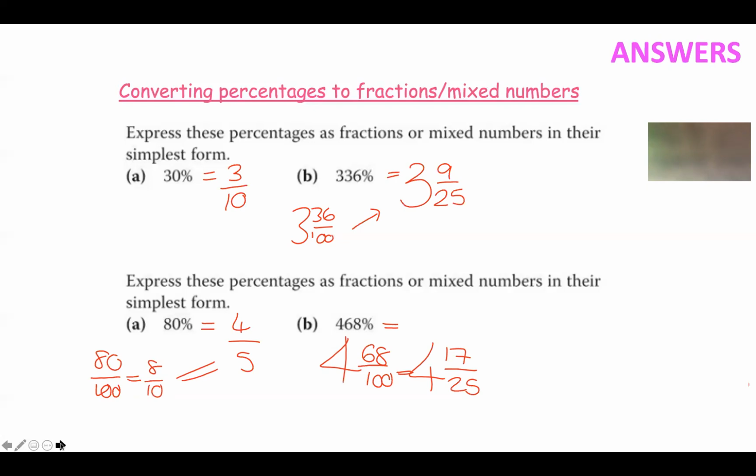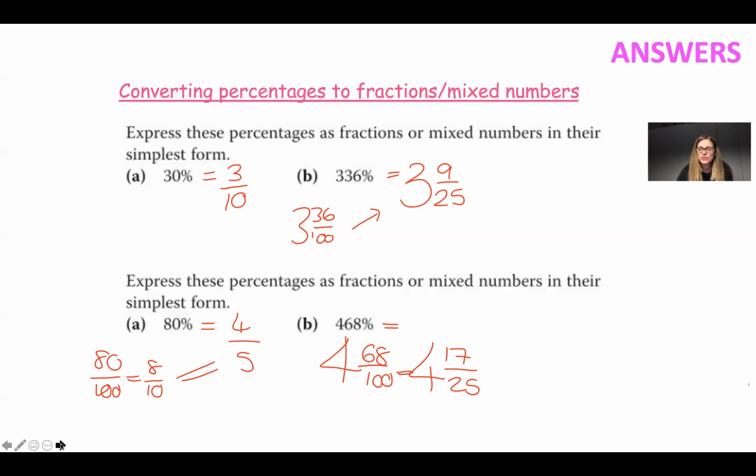So we have 3/10, 3 and 36 over 100, which we can simplify down to 3 and 9 over 25. We have 80%, which is 80 over 100, or 8 over 10, simplifying to 4/5.